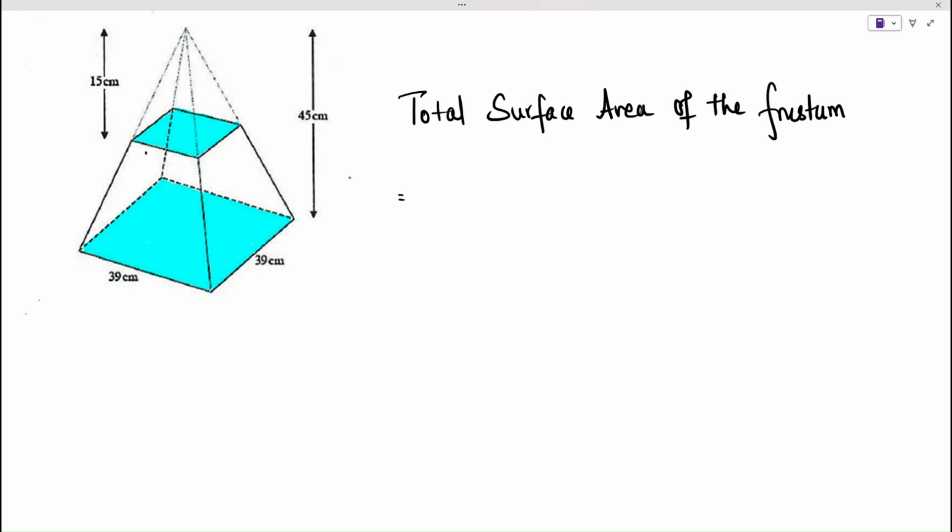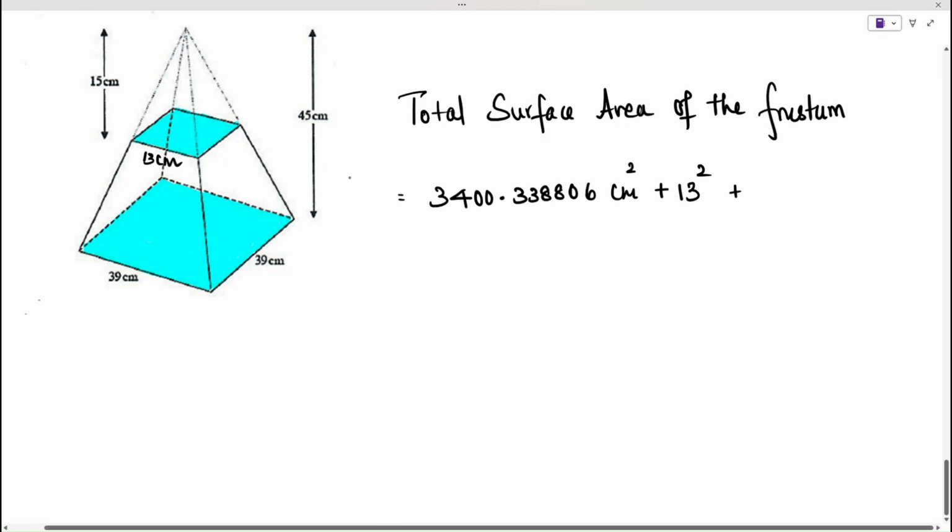So the total surface area of our frustum would be the value that we've attained before, our outside value of 3,400.338806 centimeters squared, plus we're going to add our 13 squared from our top area and 39 squared from our base area.